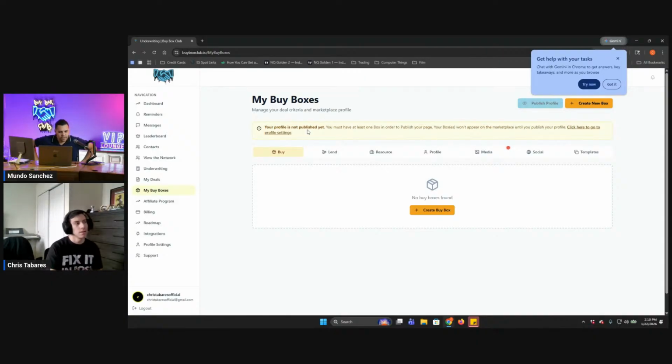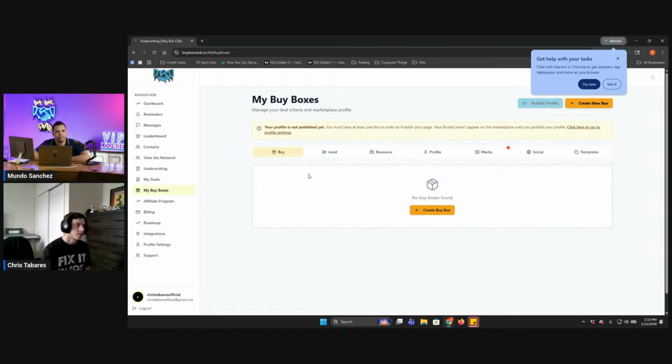Yeah, in the future, when people create an account, there's going to be templates for them to choose from. They could say, I want to create the out of the box buy box and publish their account immediately. So that won't even be a thing in the future, but for right now, since I don't have that in the system yet, you can just go ahead and create your buy box and then we can walk through how to publish that.